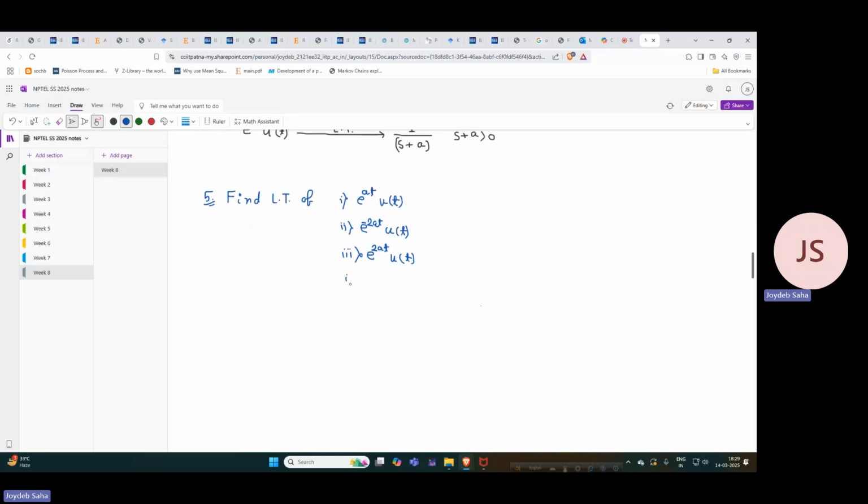And question 4, e to the power minus t u(t).